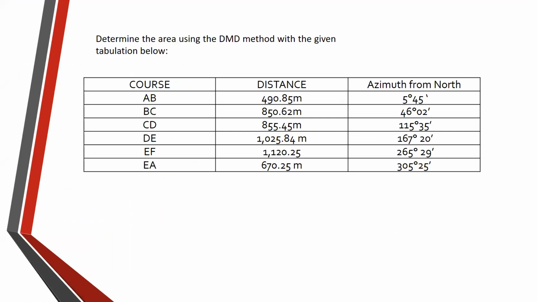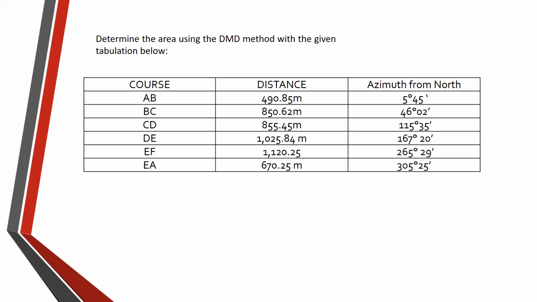So, here, ano yung una nyong gagawin? Anyone? Sino yung may idea? Know the what? If the traverse is close na po or wala siyang error. Okay. If meron man, gawin natin yung pinakauna natin ginawa, yung determine the latitude and the departure.